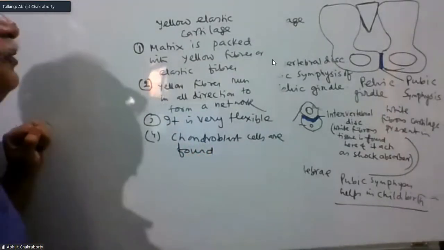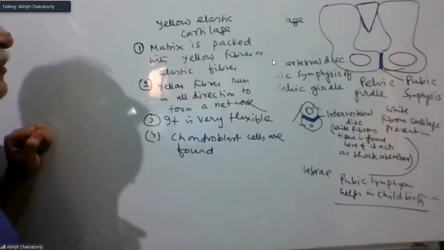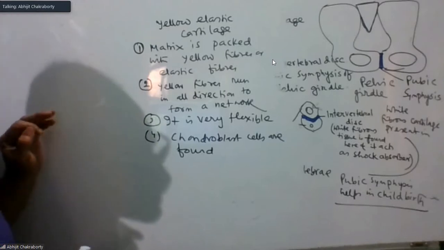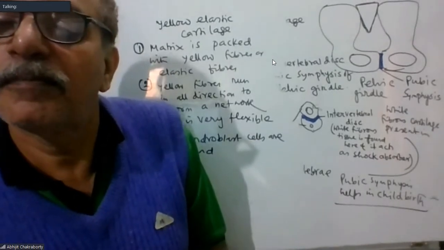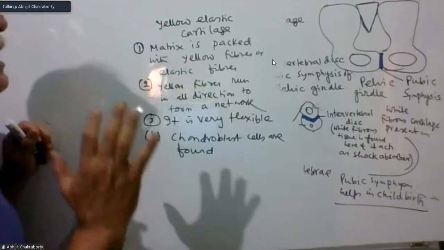Matrix is packed with yellow fibers or elastic fibers. Yellow fibers run in all directions to form a network. It is very flexible. Chondroblast cells are found. So this is what it is about the yellow cartilage.